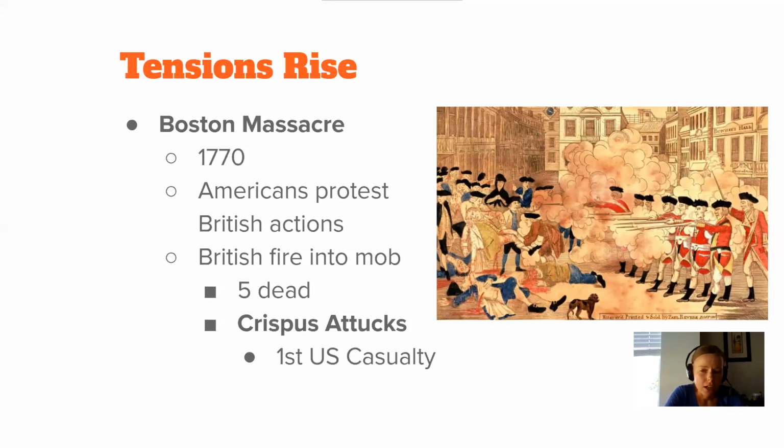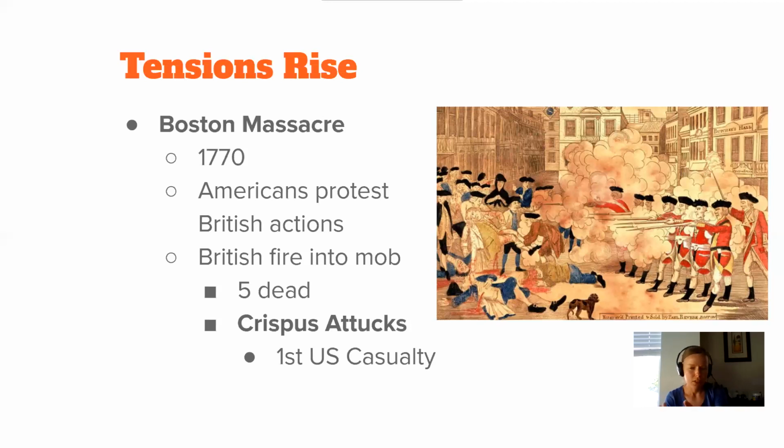One of the five that was killed, one that was killed instantly, was a 6'2" mulatto man. Mulattoes, what they used to refer to for a mixed race individual of African American descent. Crispus Attucks was his name, and he was a sailor slash rope maker. It's thought that his ancestry was very mixed. He had an African American father, and his mother was Native American from one of the nearby Massachusetts praying towns where they had Christianized natives.